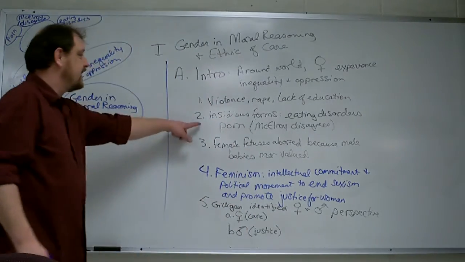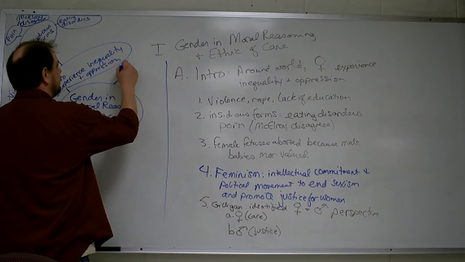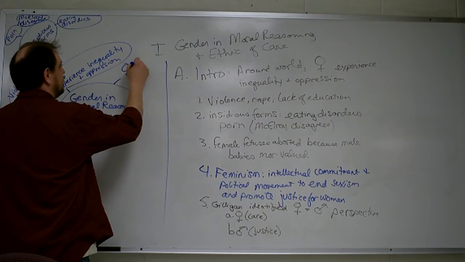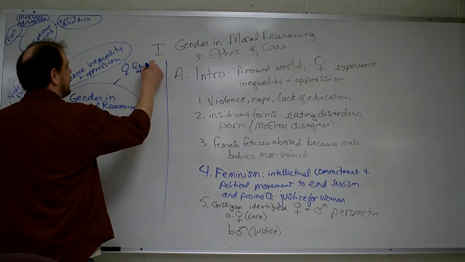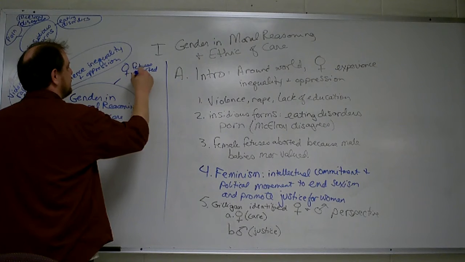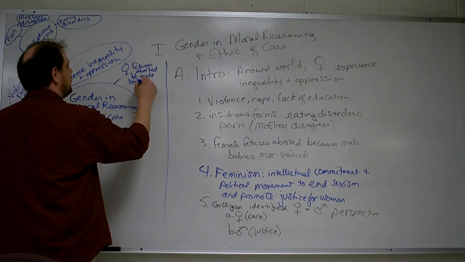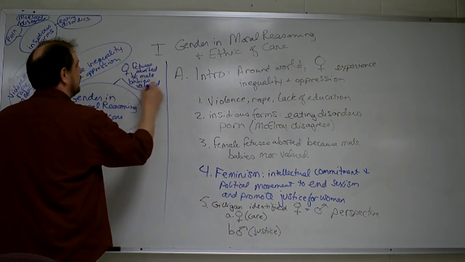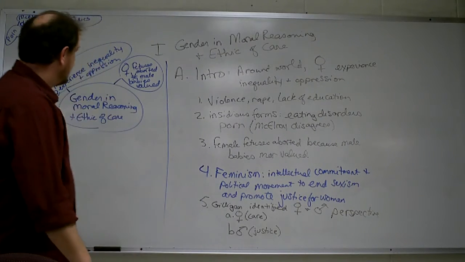What else do we have? The insidious forms. Female fetuses are aborted, that was number 3. Because male babies are more highly valued. And so on down the line, right?